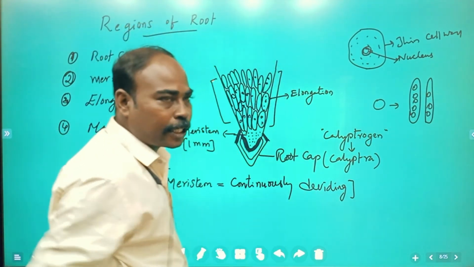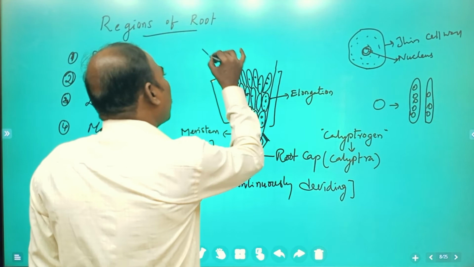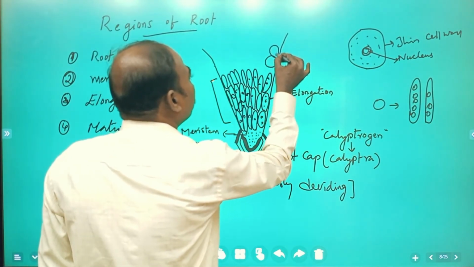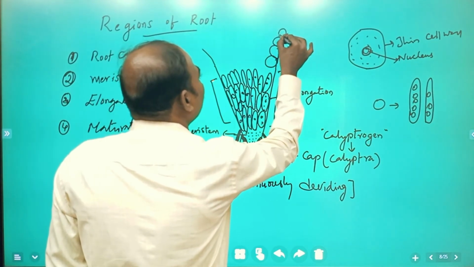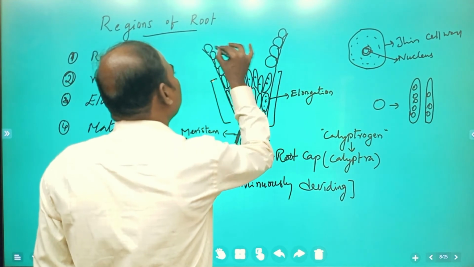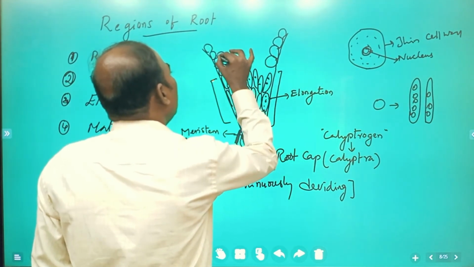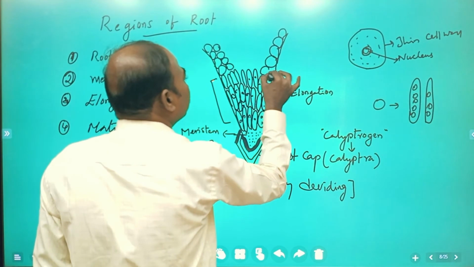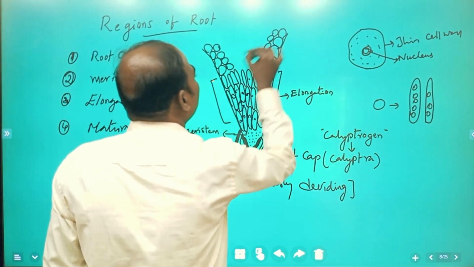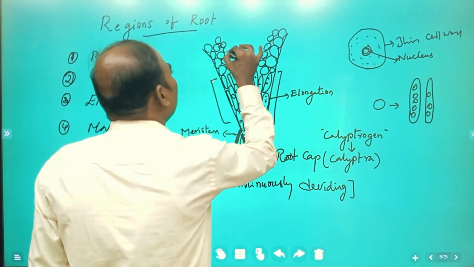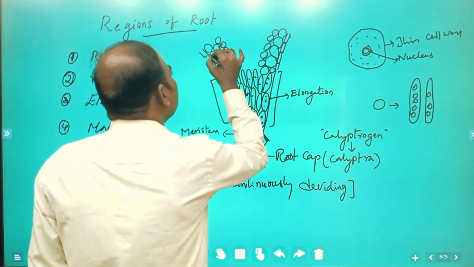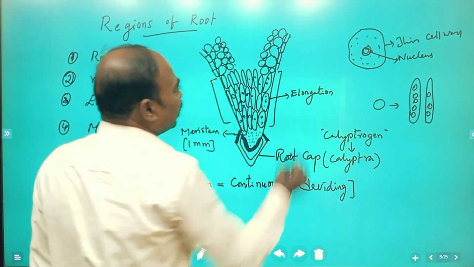Next to the elongatory zone is the zone of maturation. Here the cells undergo maturity and are fixed at certain places by differentiation activity. These cells lose the capacity of division. Some of them are modified as epidermal cells. Some of them are modified as cortical cells.